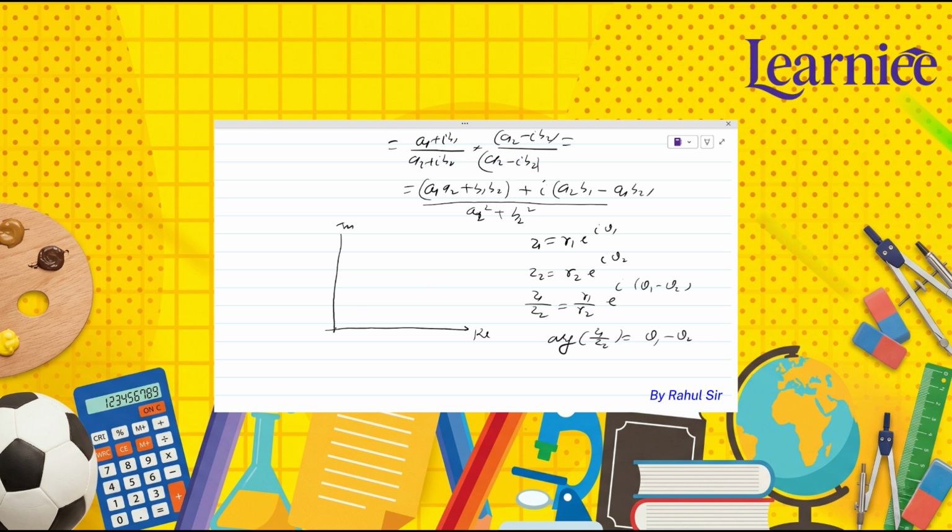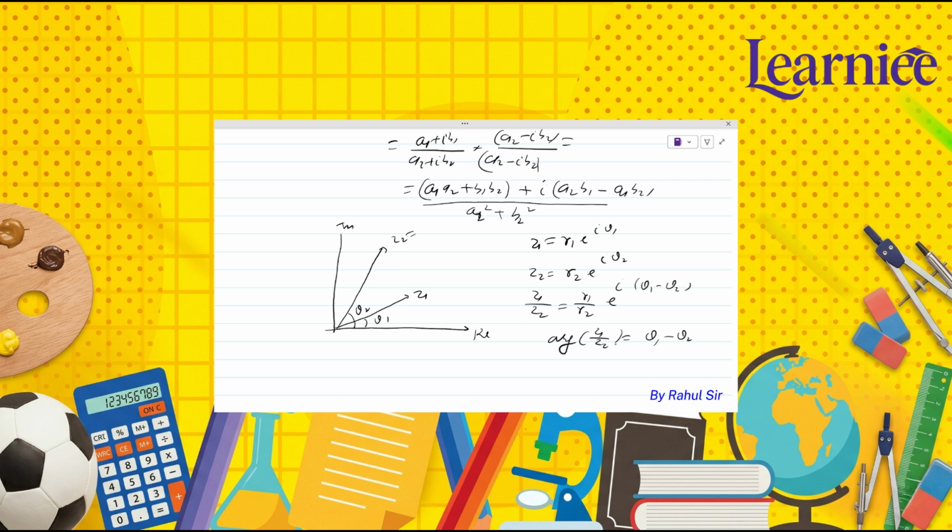Let's see if we draw the complex number. Let's say z1 having argument theta 1. Let's say z2 having argument theta 2.